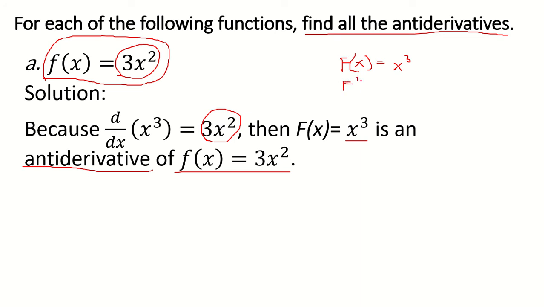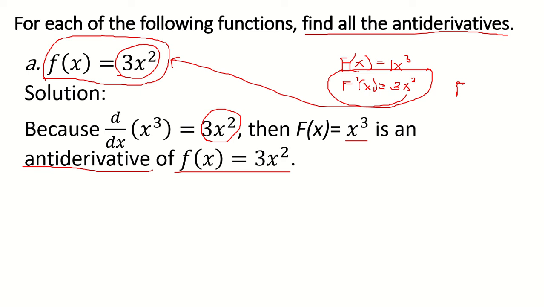Capital F prime of x is equal to, applying the power rule, the exponent 3 times the coefficient 1, so 3 times 1 is 3, and then x, and then exponent 3 minus 1 is 2. So 3x squared, which means that capital F of x is really an antiderivative of small f of x.